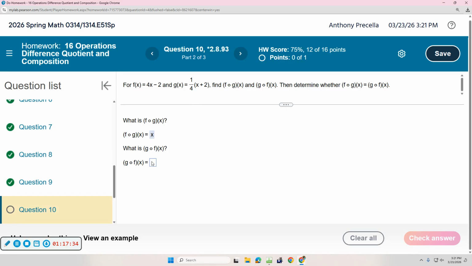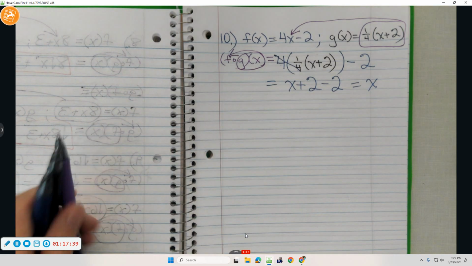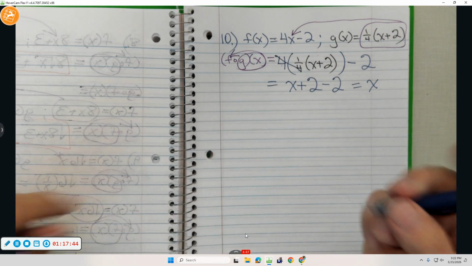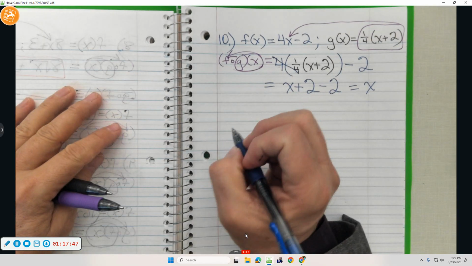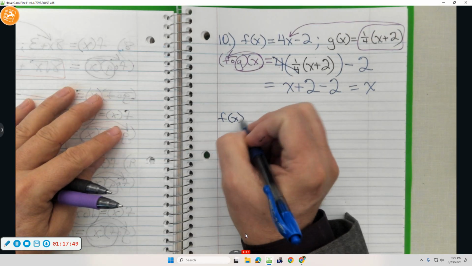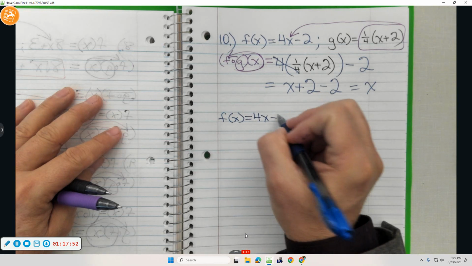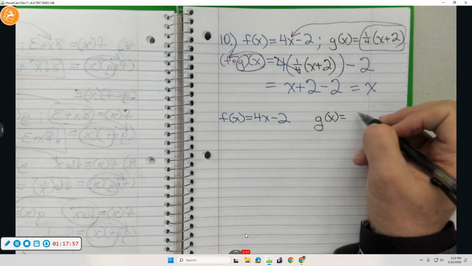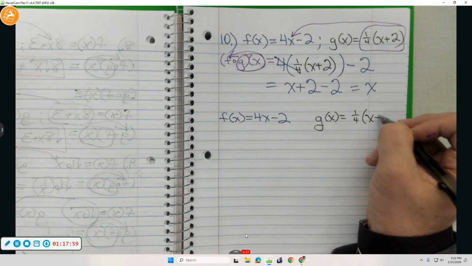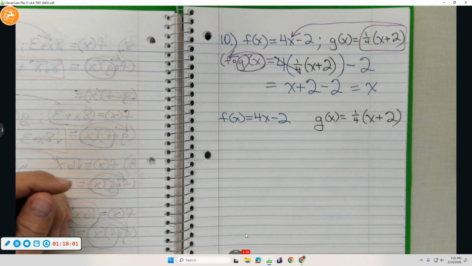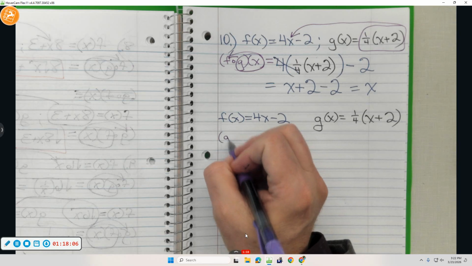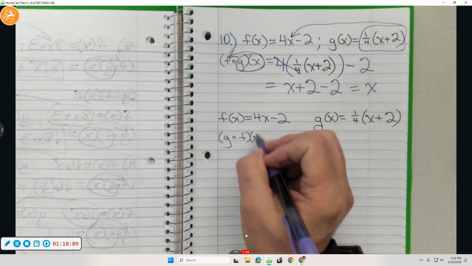Now let's find it the other direction, g composed with f of x. I will rewrite f and g just because all that little circle and arrow stuff that I do gets a little messy. F of x is still 4x minus 2. G of x is still 1/4 times x plus 2. And we're finding g composed with f at x.